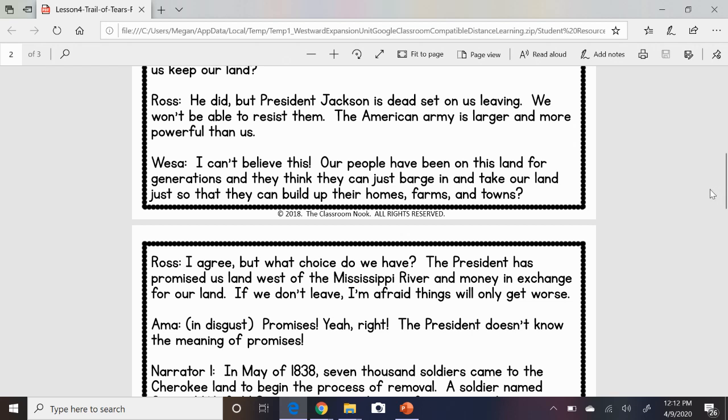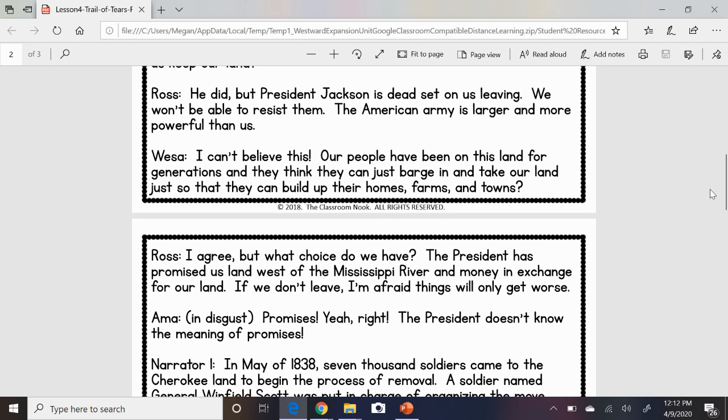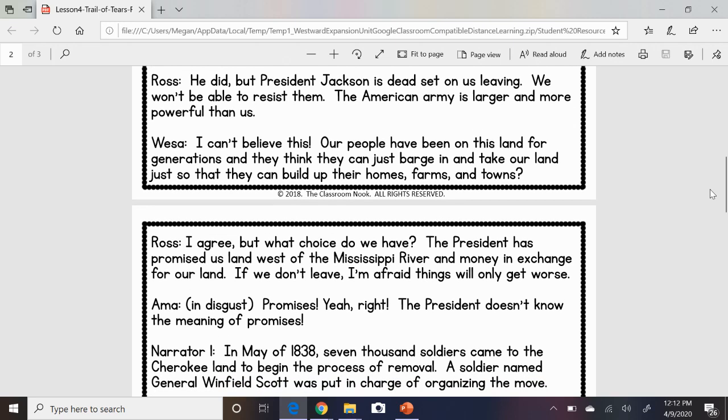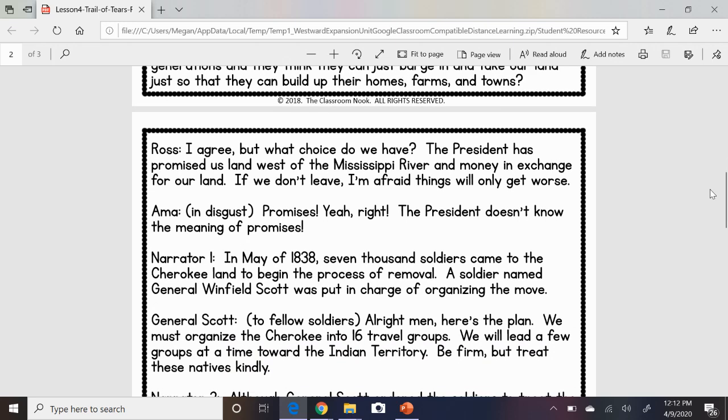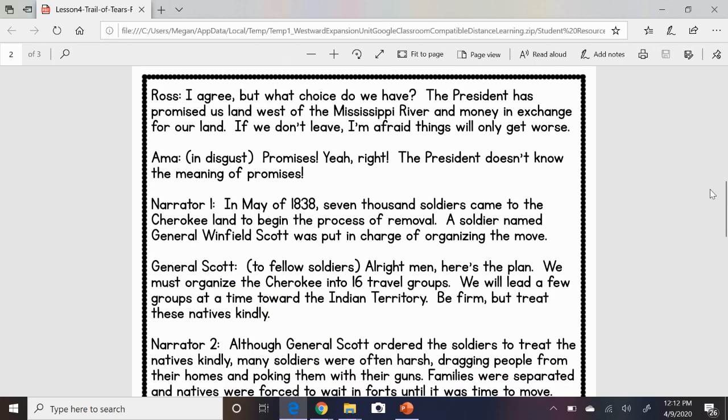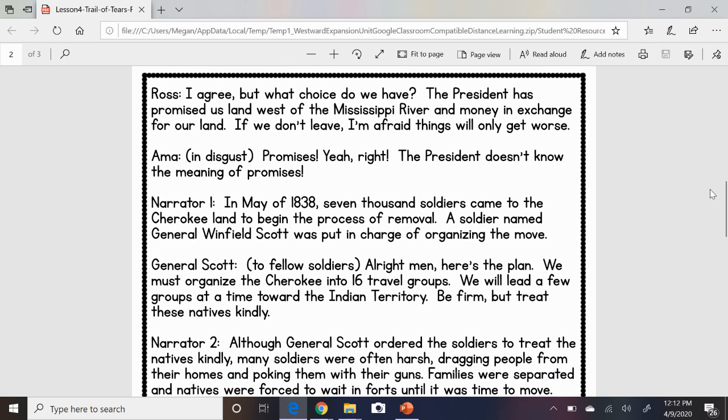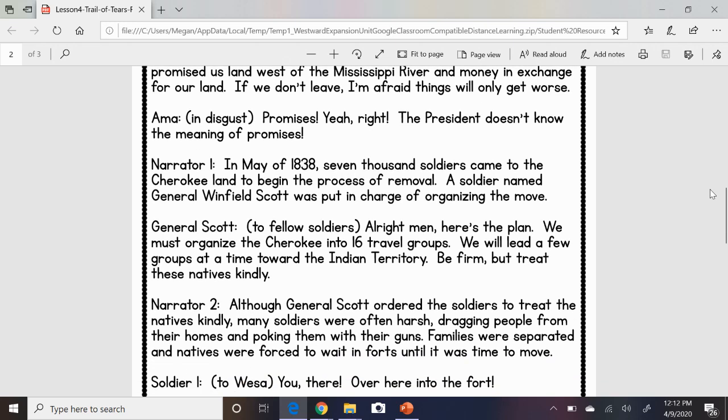Our people have been on this land for generations, and they think that they can just barge in and take our land just so that they can build up their homes, farms, and towns." "I agree, but what choice do we have? The president has promised us land west of the Mississippi River and money in exchange for our land. If we don't leave, I'm afraid things will only get worse." "Promises. Yeah, right. The president doesn't know the meaning of promises."